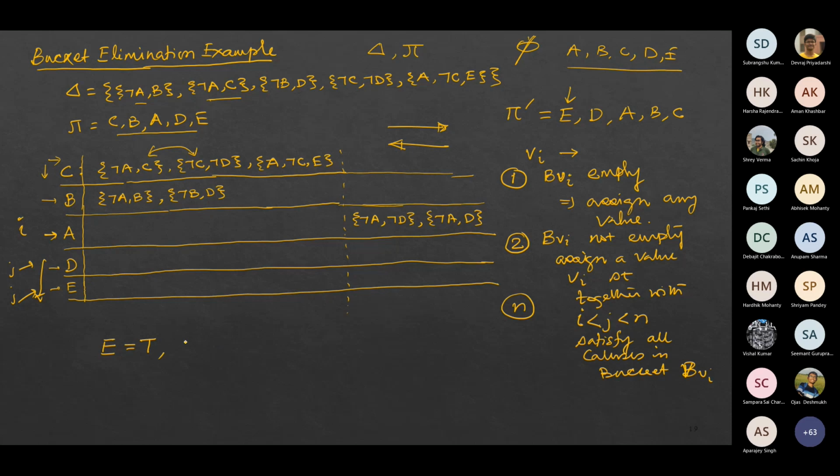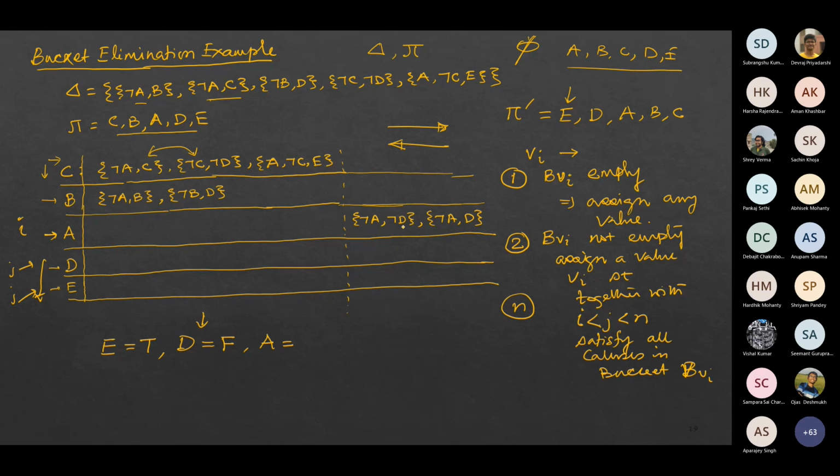So let us try to follow what we are doing. Now D is empty, so we can assign any value. So let us say we assign false here, right? Now what value should we assign to A? We have assigned F to D, so we have to respect that assignment and place F here.